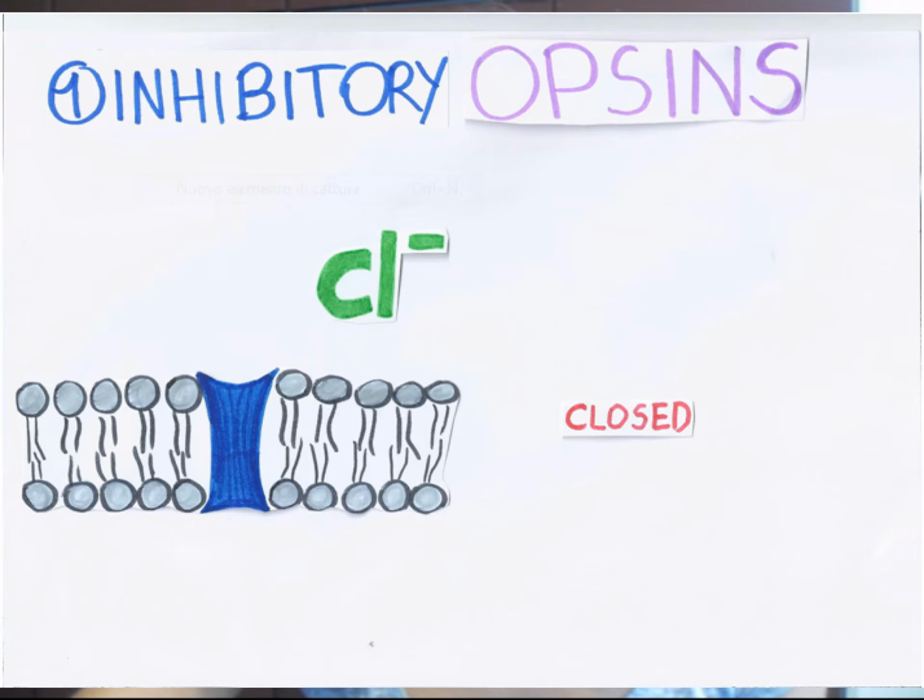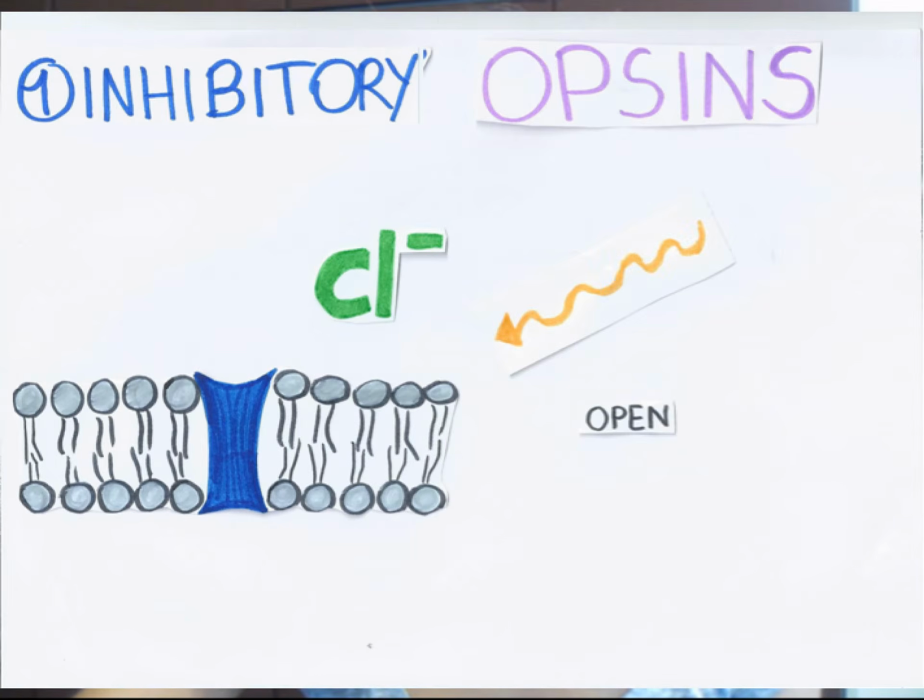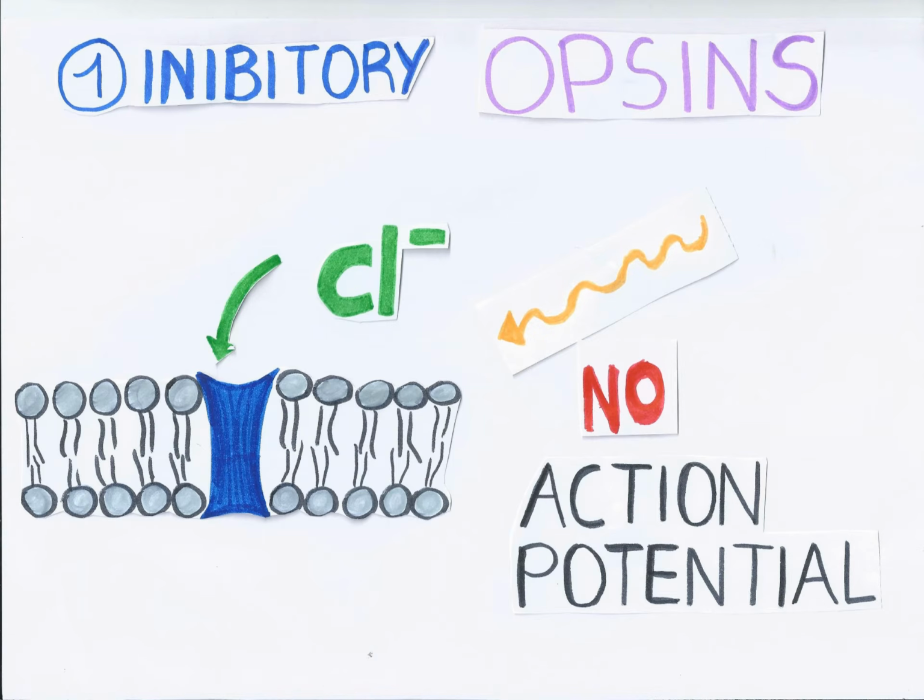But there you can see that this opsin, like halorhodopsin, is a chloride pump, and so the chloride ion goes inside the membrane when the opsin receives light, and so there cannot be an action potential.